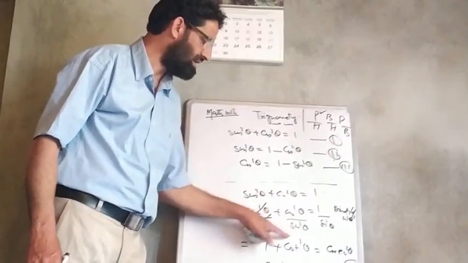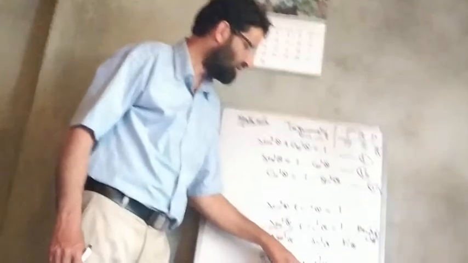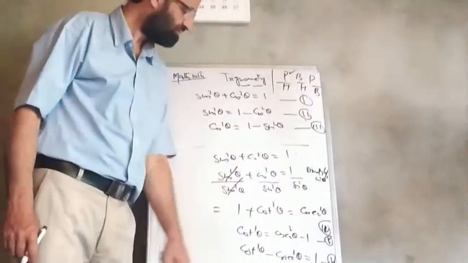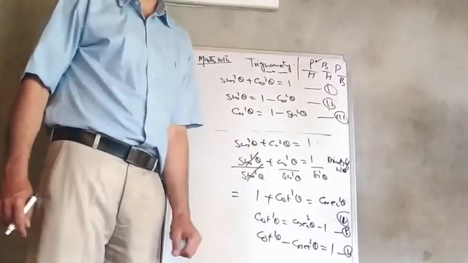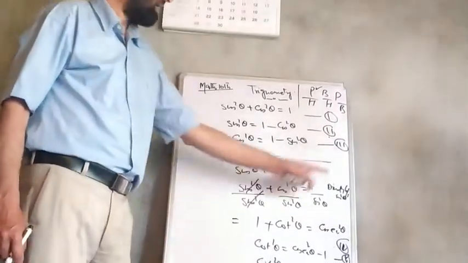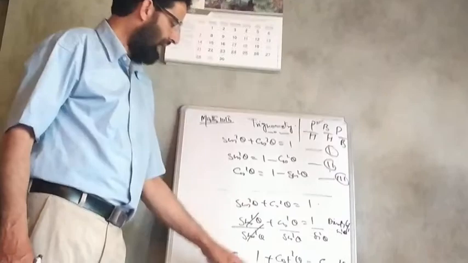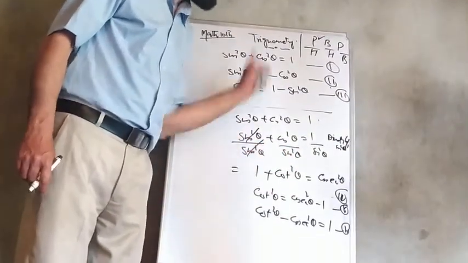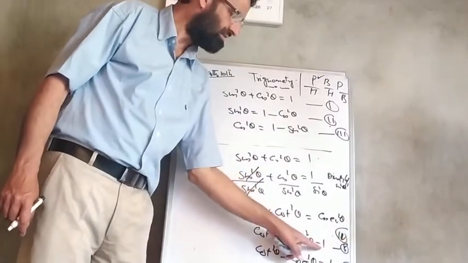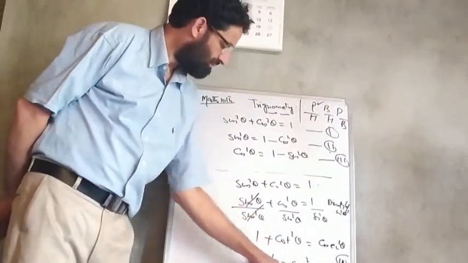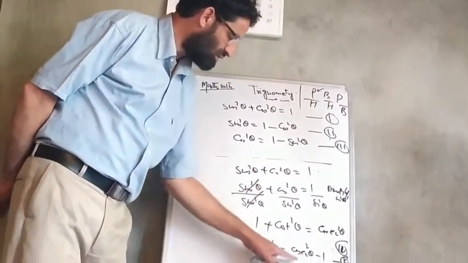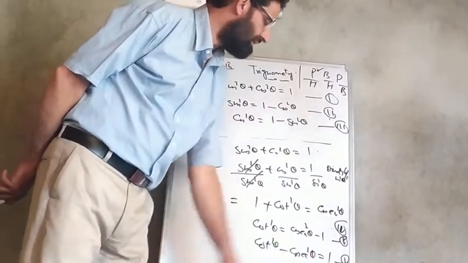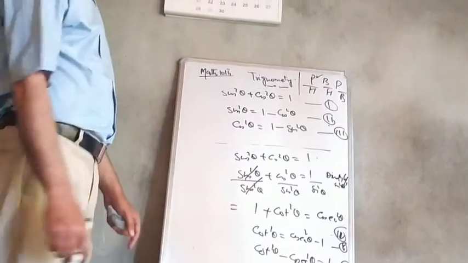And square is here, so it is cot square theta. 1 divided by sin square theta is cosec square theta. So 1 plus cot square theta is cosec square theta. This is the fourth identity. And cot square theta, you can write it cosec square theta minus 1. Transfer this to right hand side, it will become minus 1. Again, cot square theta, cosec square theta, transfer to this side, it will become minus, is equivalent to minus 1. So this was identity number 6.